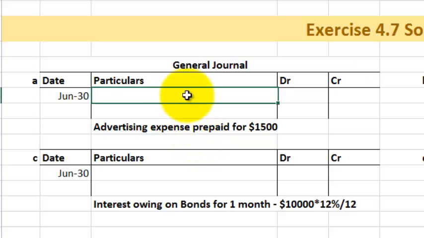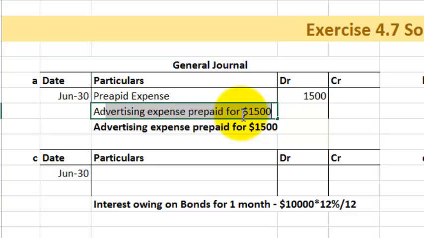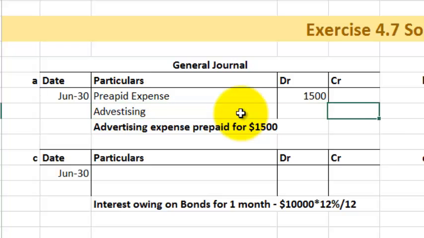So again, we've got a thing called a prepaid expense. So $1,500, that's the amount that is going to be on telly, if you like, after June the 30th, and we've got to credit advertising $1,500 to reduce the amount there.